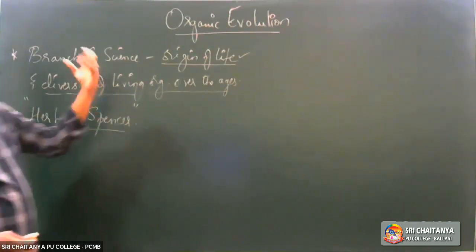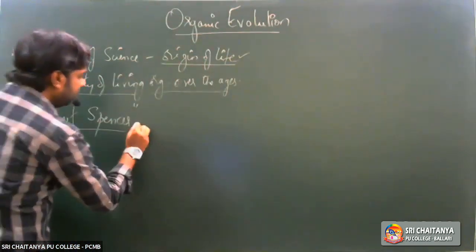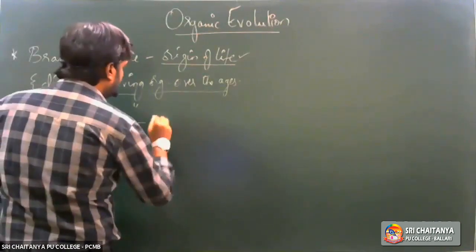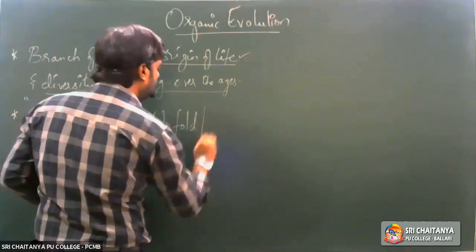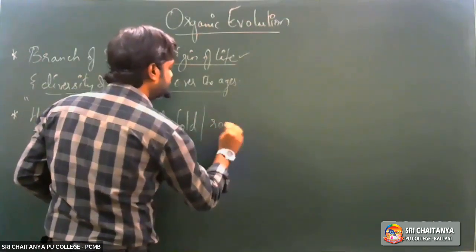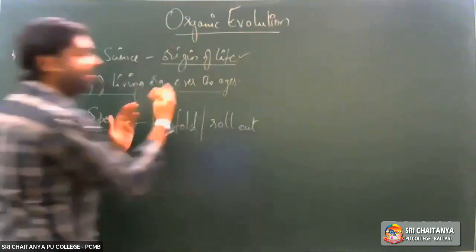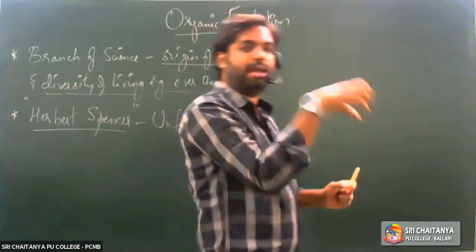Now, what is the literal meaning of evolution? Evolution literally means rolling out or unfold, right? Unfold or roll out. What does this mean? Unraveling, unfolding something which is actually hidden.